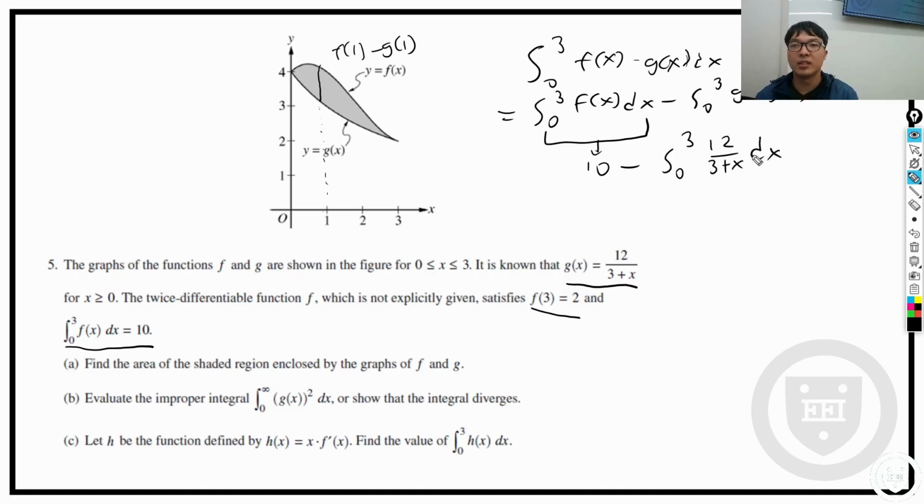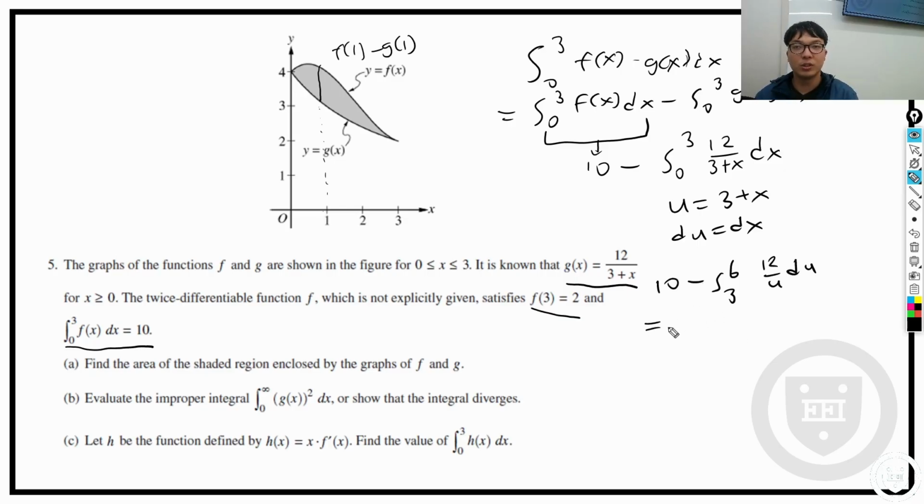Now, this denominator is a little annoying, so we can substitute in u equals 3 plus x with du equals dx. If we do this, then the range of the integral must also change. 0 plus 3 is equal to 3, and 3 plus 3 is equal to 6, with 12 over u du, making sure not to forget the 10 minus at the front.